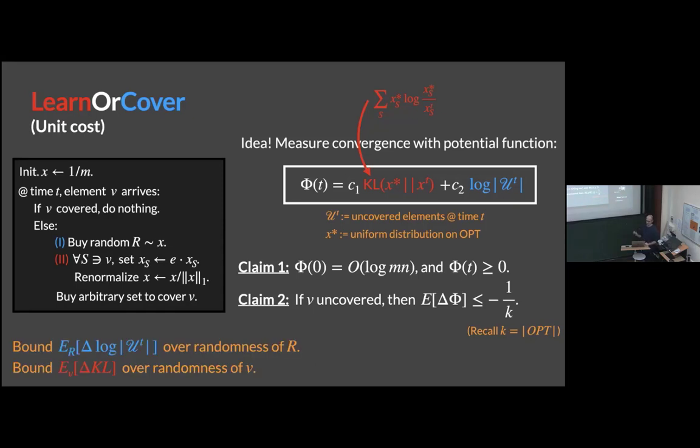Notice that the blue part, the log ut, only depends on which sets we've sampled R. So if C1 is 1 over K, shouldn't this be K log L? The C1 and C2 are just constants. The question was if C1 and C2 should be K. You can set them to be K and then show that this decreases by a constant.